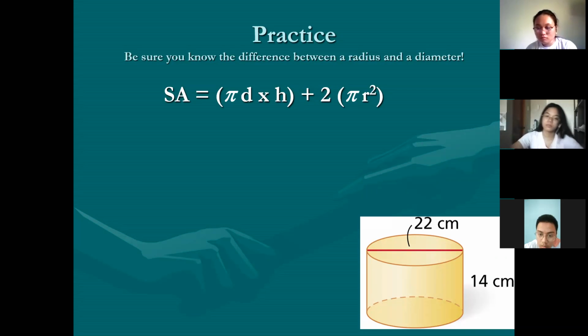Kin, do you have an answer? 1727. How about the others? Again, my answer is not that one. What's wrong with my calculator, or what's wrong with me?